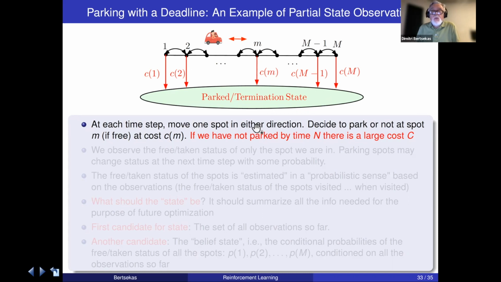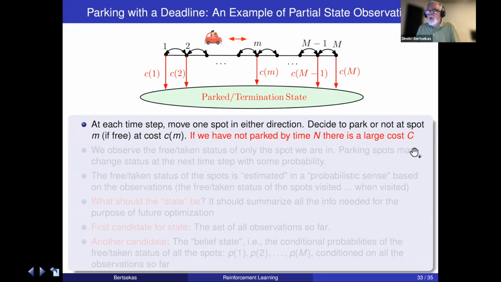So at each time step, we move one spot in either direction, decide to park or not at spot M if it is free, and if we decide to park, the cost is C sub M. And if we have not parked by time M, which is an artificial horizon here, there's a large cost C.